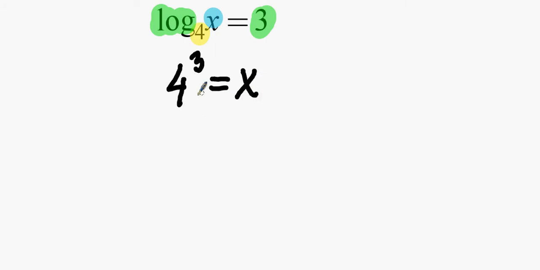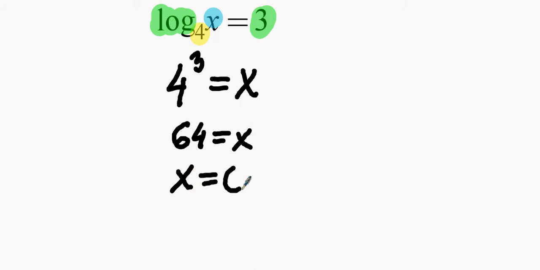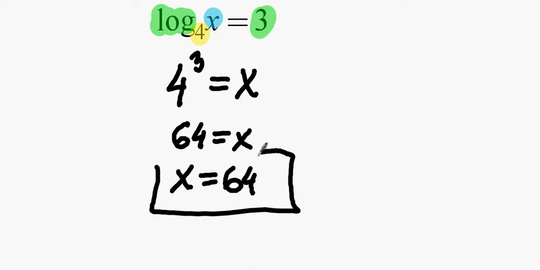If you want to get a number, 4 times 4 is 16, times 4 is 64. So x equals 64. Done.